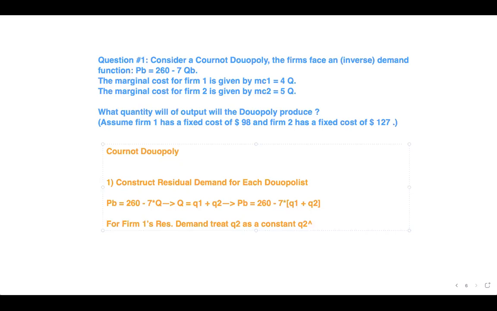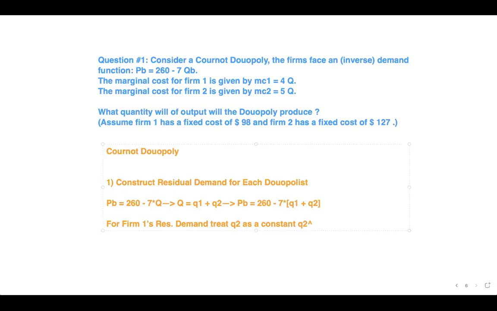The reason is that the amount of output firm two is producing helps firm one identify what part of the market is available to them.